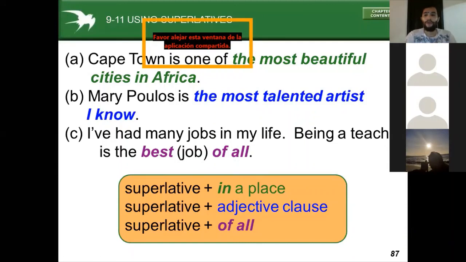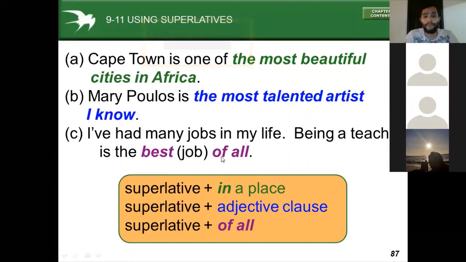El mejor trabajo de todos los trabajos por haber, right? Cuando yo hago esa generalización, then I can use of all. Y es la única manera en que podemos usar of en preposición en un superlativo, right? So remember, in for places, of when you overgeneralize the whole thing, right?